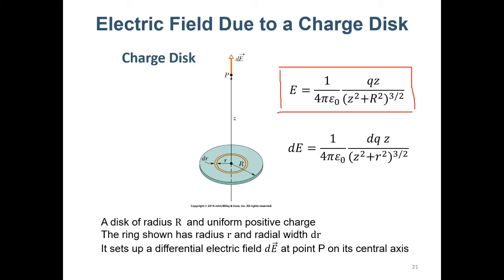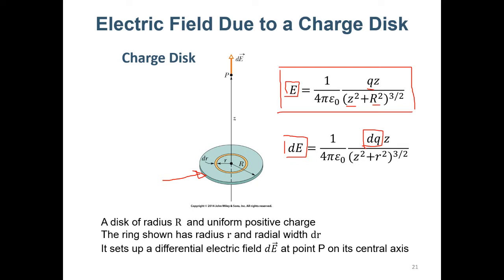Another term involves the radius of the ring and that distance. Here, Q means the total charge of the disk, not the ring. So we change Q into dQ in this case, and E into dE.